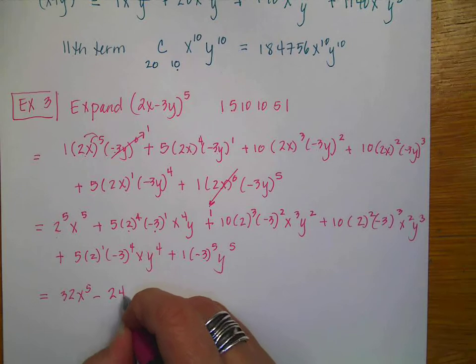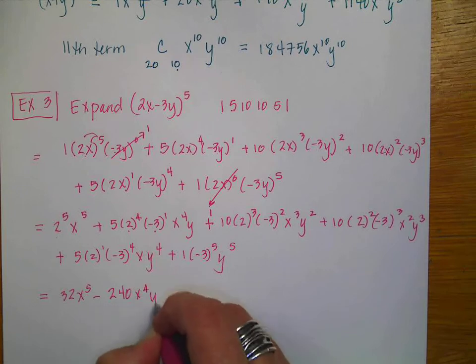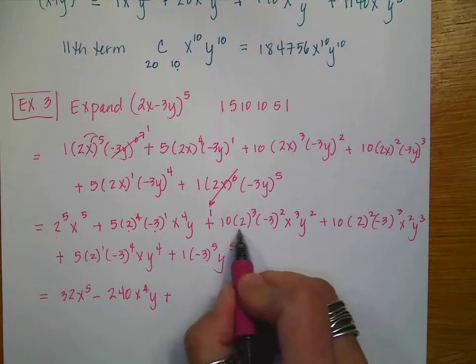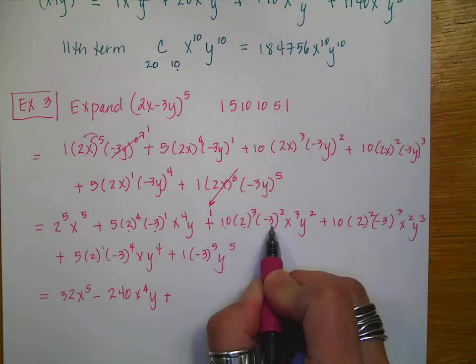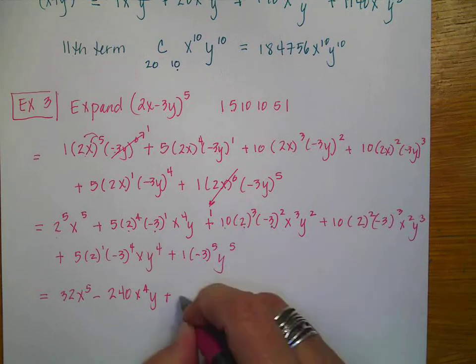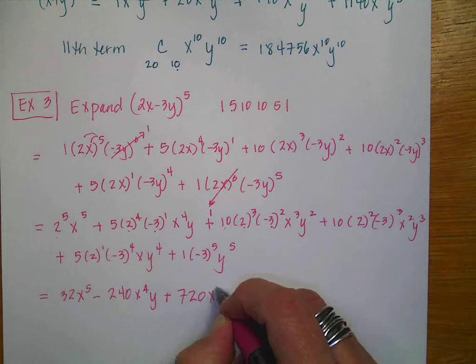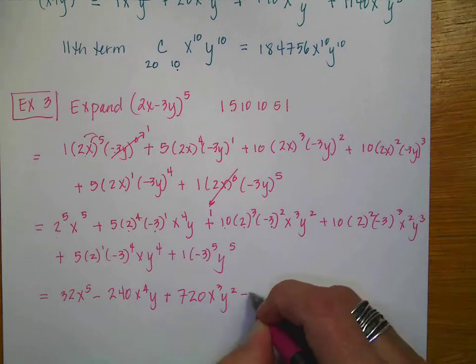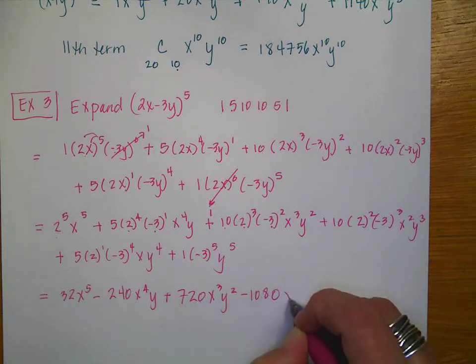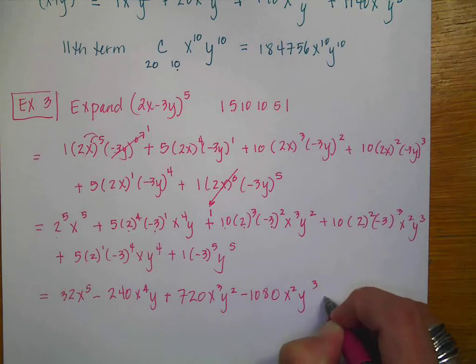It locks up. So 5 times 16 times a negative 3 is a negative 240x^4y, plus the next one, 10 times 8 times a positive 9 is going to be 720x^3y^2.